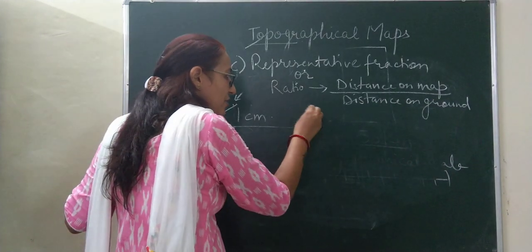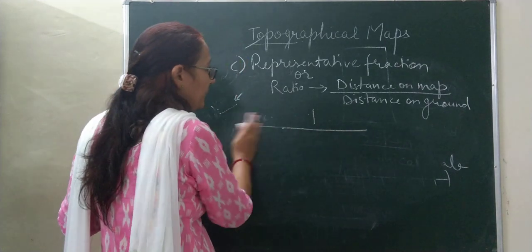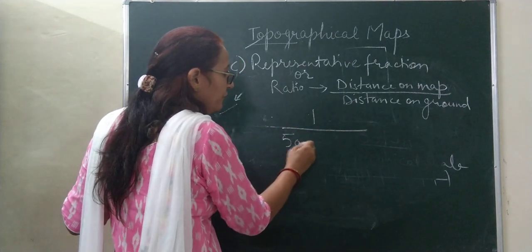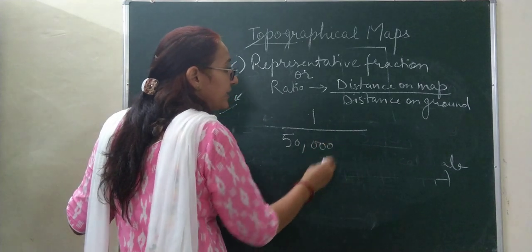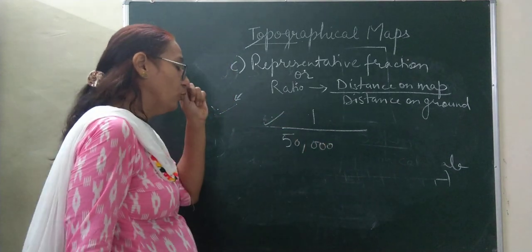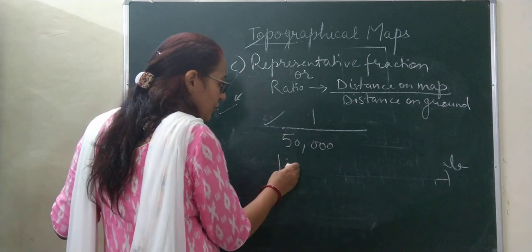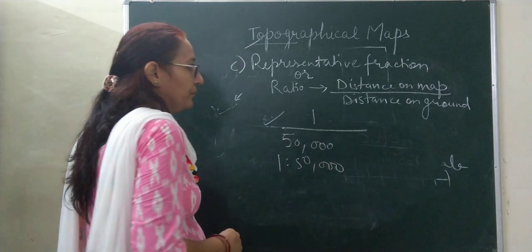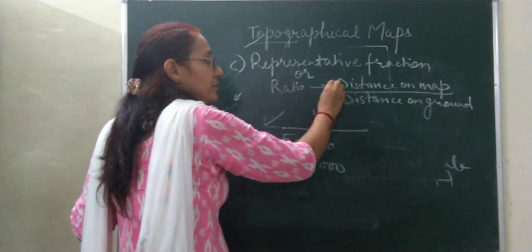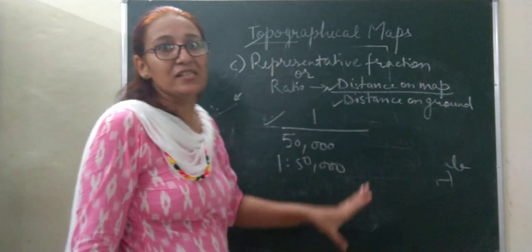we can write 1 centimeter represents 50,000 centimeters on the ground. Or we can write it in this way, 1:50,000. So this is the numerator, denominator. The unit will be the same.